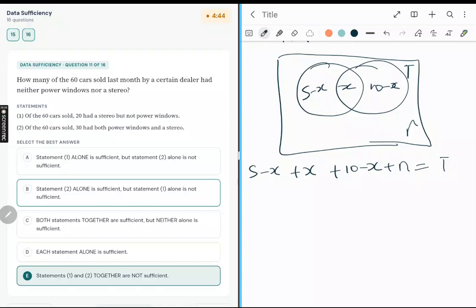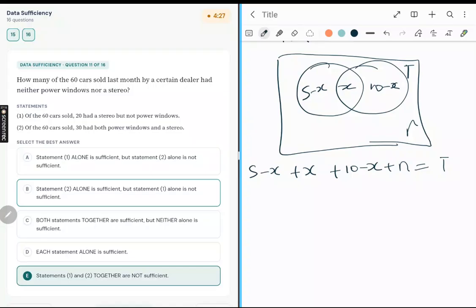How many of the 60 cars sold last month by a certain dealer had neither power? I have 4 minutes. Of the 60, so T is 60. 20 had stereo but not power window.